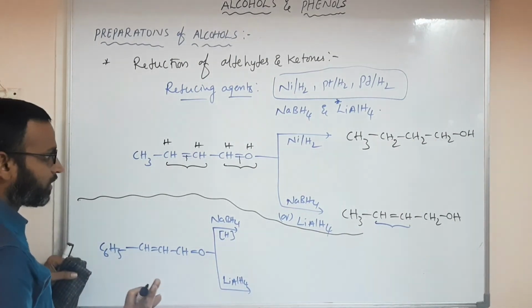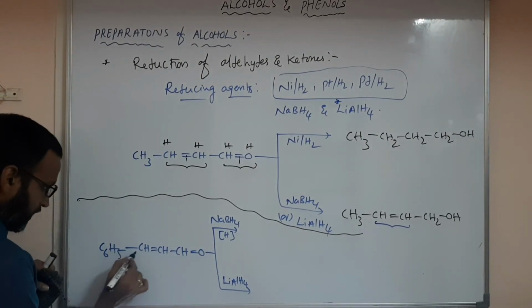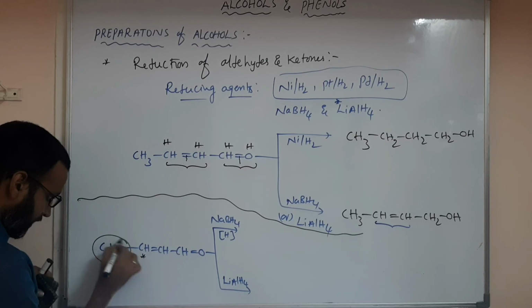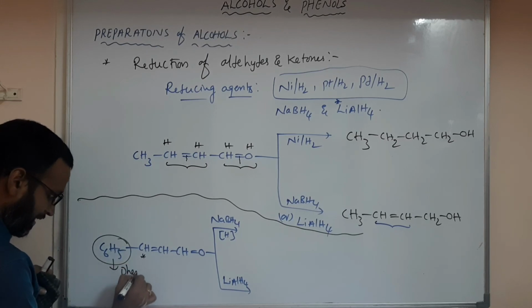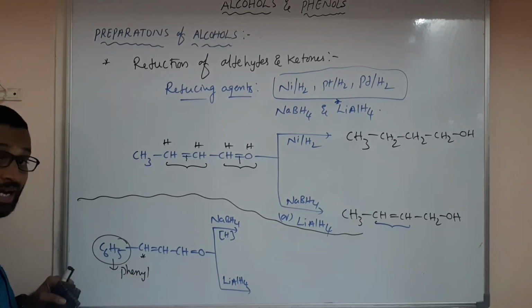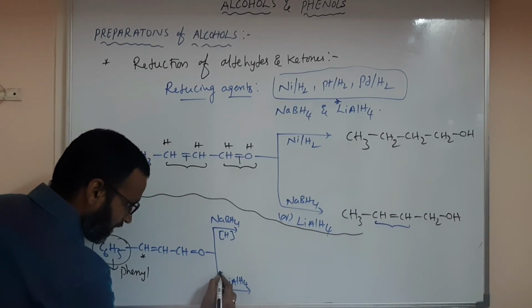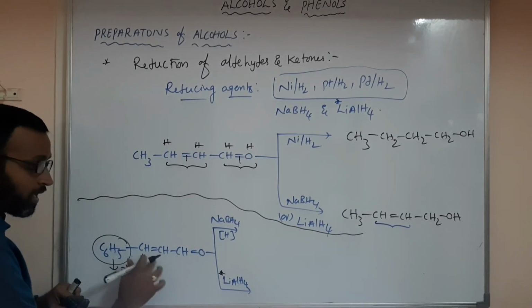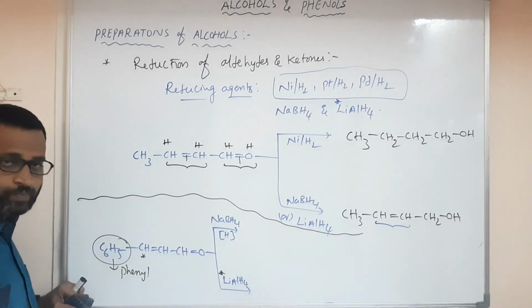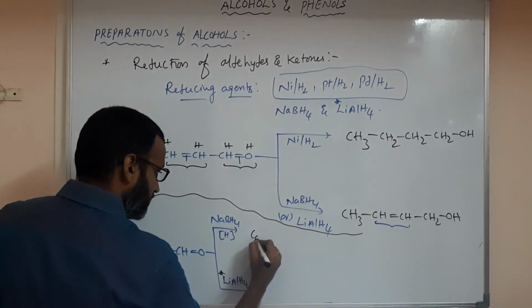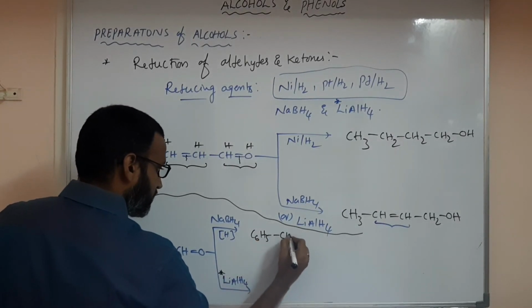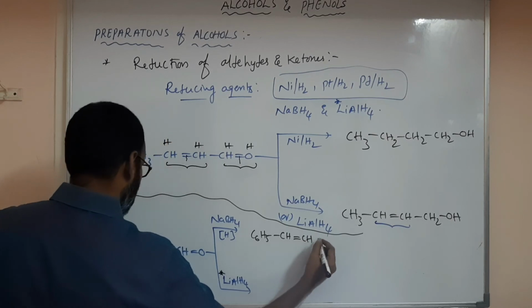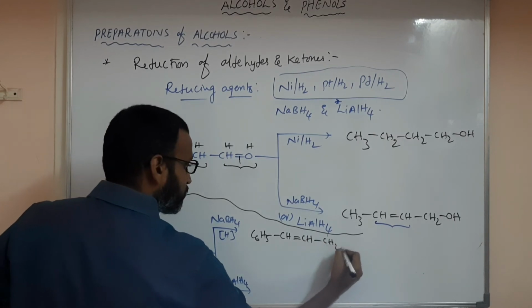Write that down. Okay? Normally. But if the double-bonded carbon has a phenyl ring, then you have an exception: LiAlH4 will reduce the carbon-carbon double bond also. Then what is the product here? With NaBH4, C6H5, CH double bond CH and CH2OH.